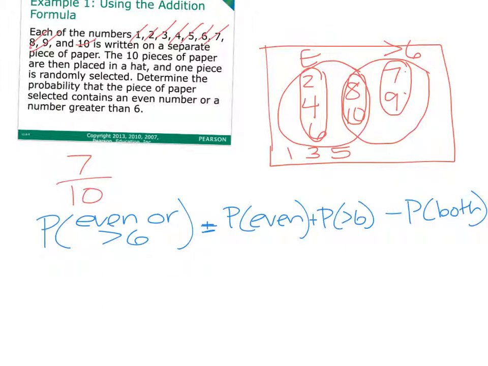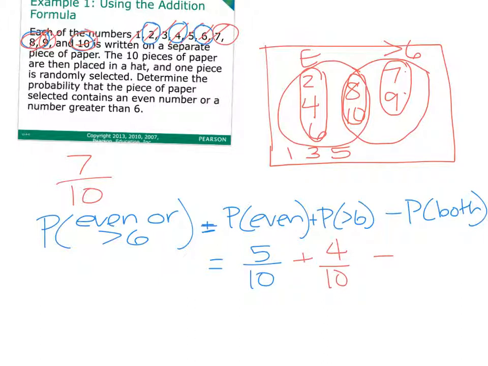If we look at our numbers 1 through 10, what's the probability of being even? 2, 4, 6, 8, 10. 5 out of 10 items are even. What's the probability of being bigger than 6? 7, 8, 9, 10. 4 out of 10 items are bigger than 6.